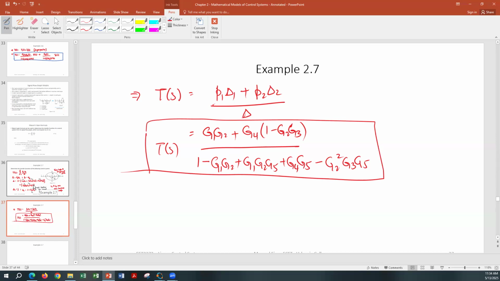So once again, signal flow graphs are used if the system is complicated, and if you identify correctly how many forward paths there are and how many feedback loops there are, then using Mason's gain formula, you can relatively easily write the transfer function instead of combining blocks. That system is pretty complicated with 2 forward paths and 3 feedback loops.